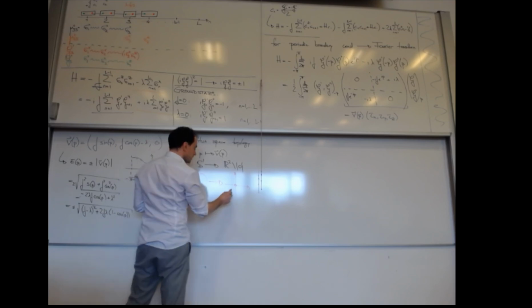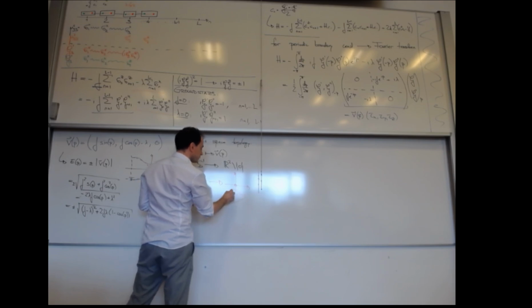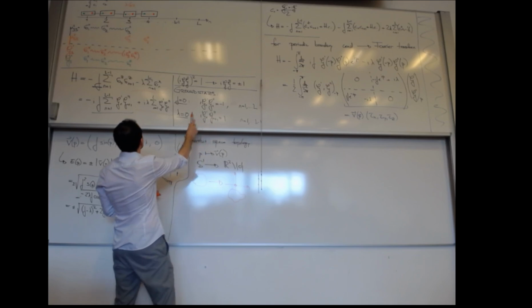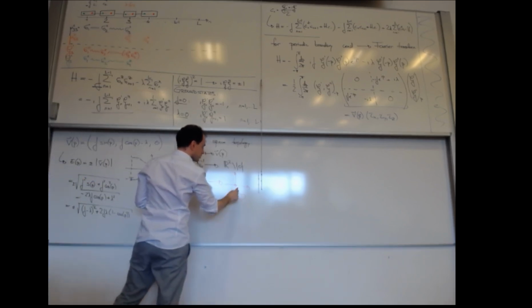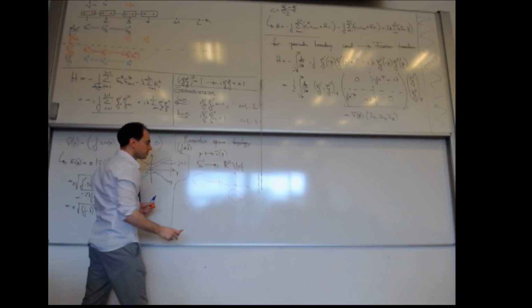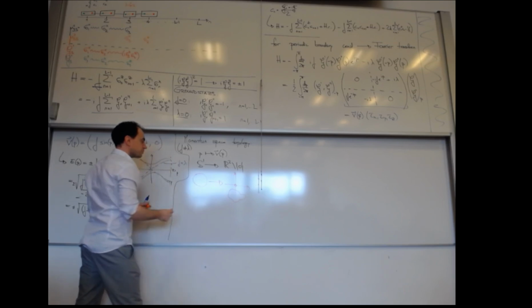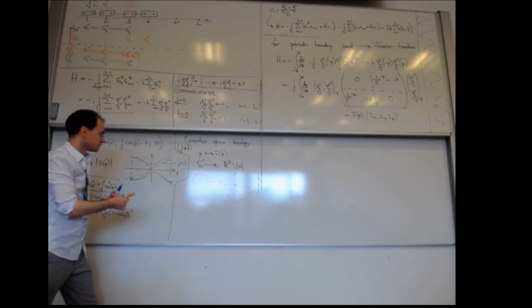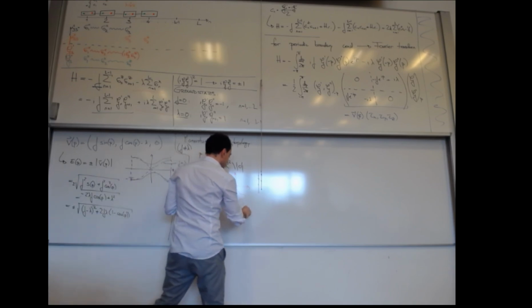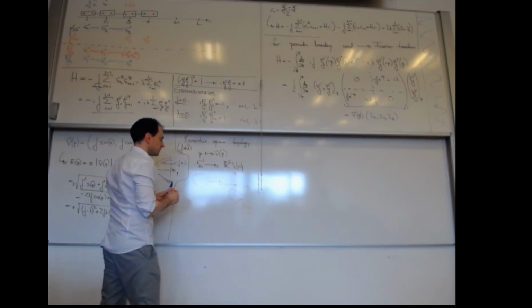In this situation, when lambda is larger than J, the mapping is such that you're not enclosing the origin. In fact, the mapping is a very simple circle, but in principle it could also be something more complicated. So this would be the situation lambda greater than J.